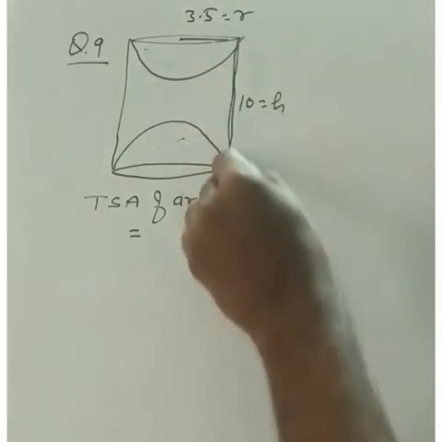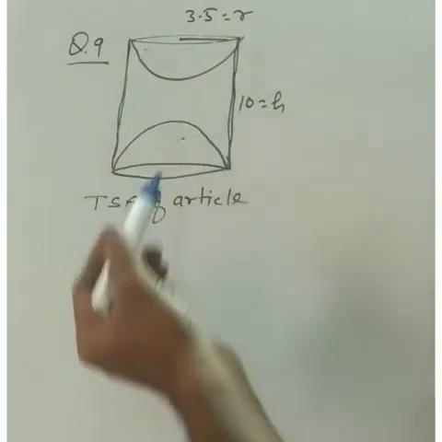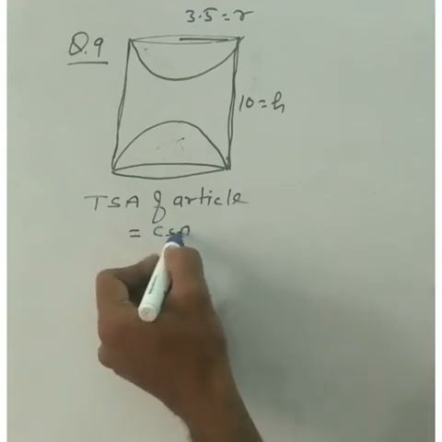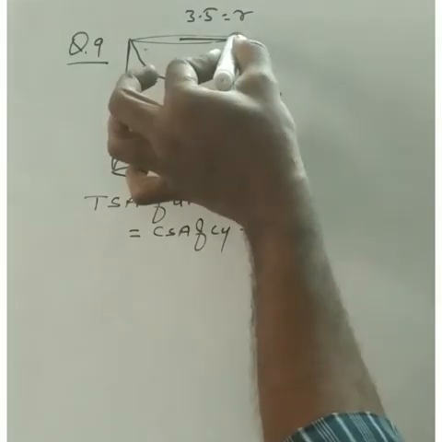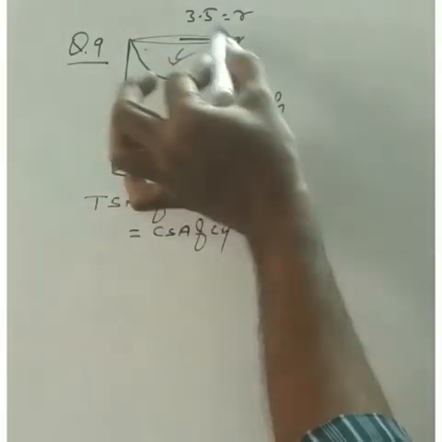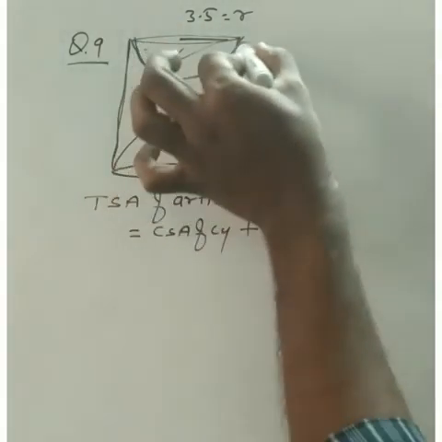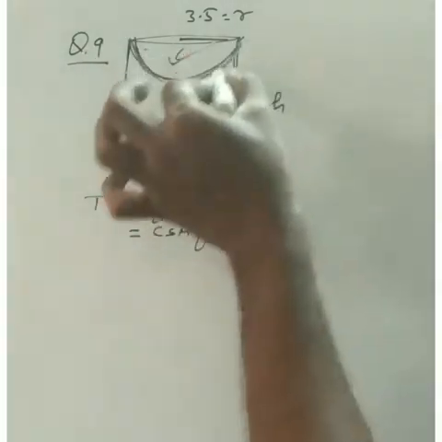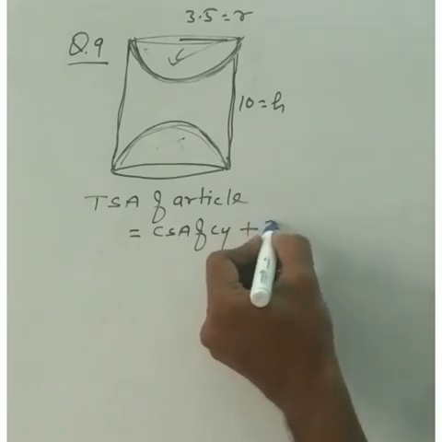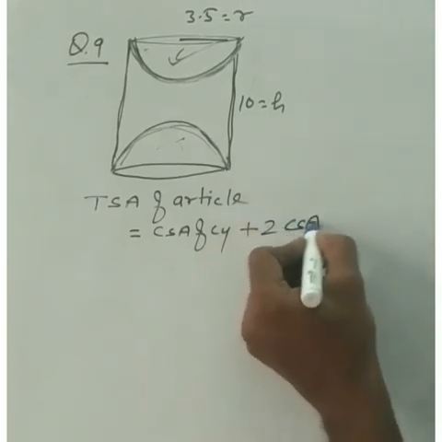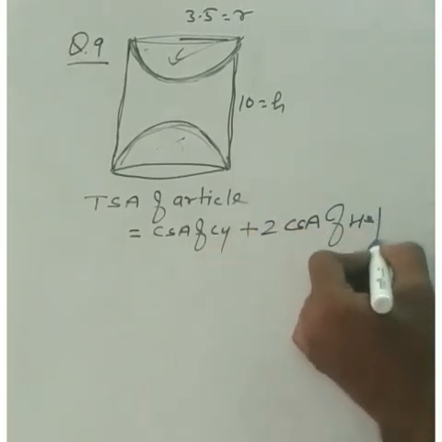Initially, we were having this CSA, CSA of cylinder. Plus, when this portion is hollowed out, scooped out, we are able to observe this surface additionally and this surface additionally. So we can write 2 times CSA of hemisphere.